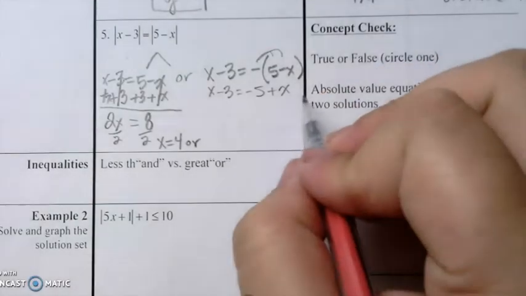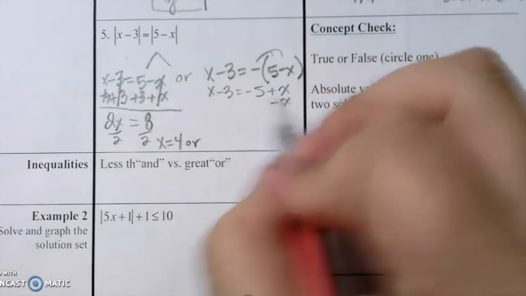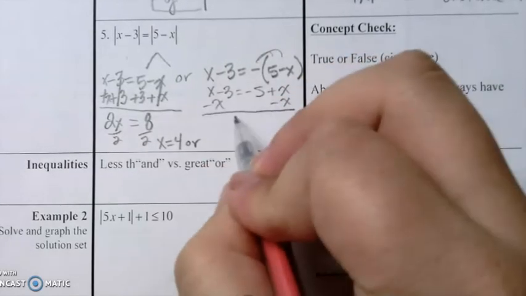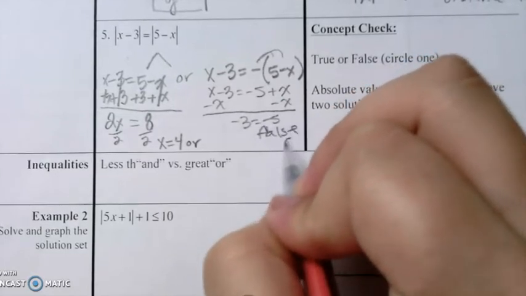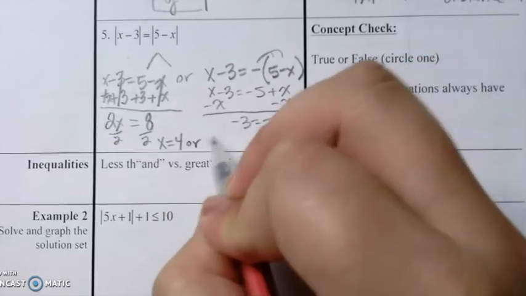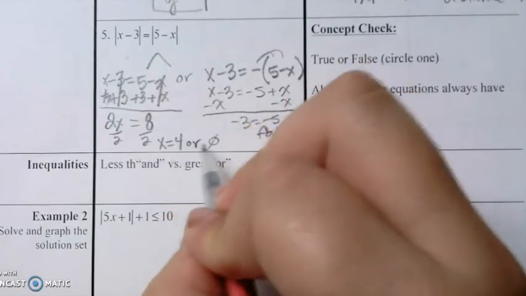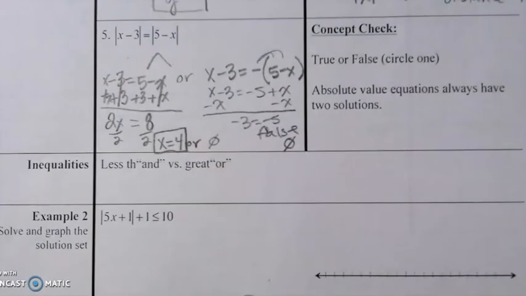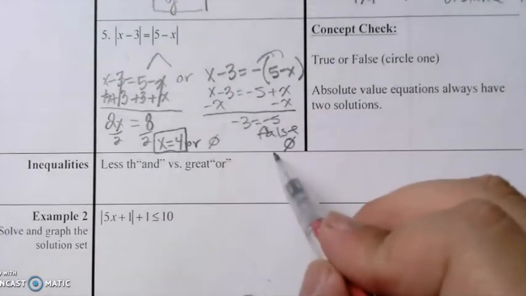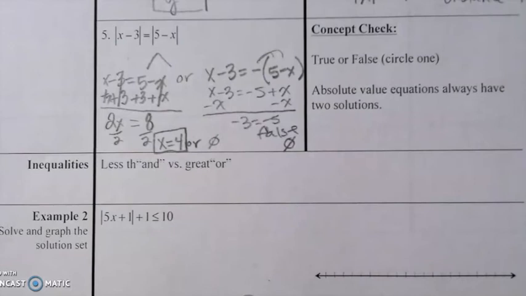Again, isolating x, so minus x, we have negative 3 equals negative 5, which is false. So from this side we get no solution, but since we have a 4 or no solution, we still have that x can equal 4. So our solution, even though one side was no solution, still includes 4.